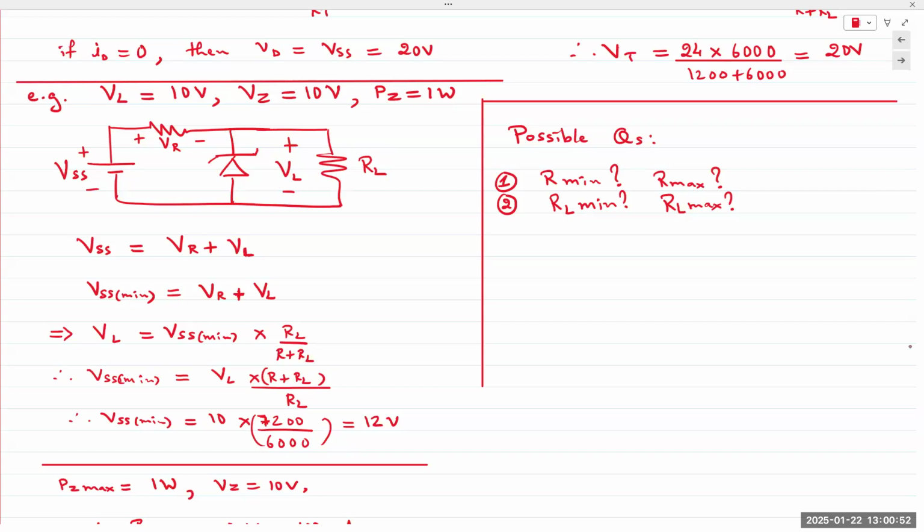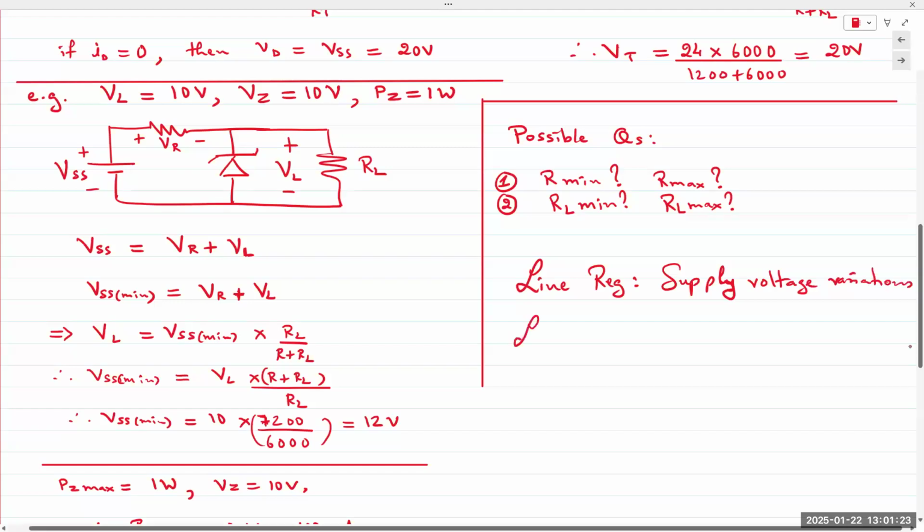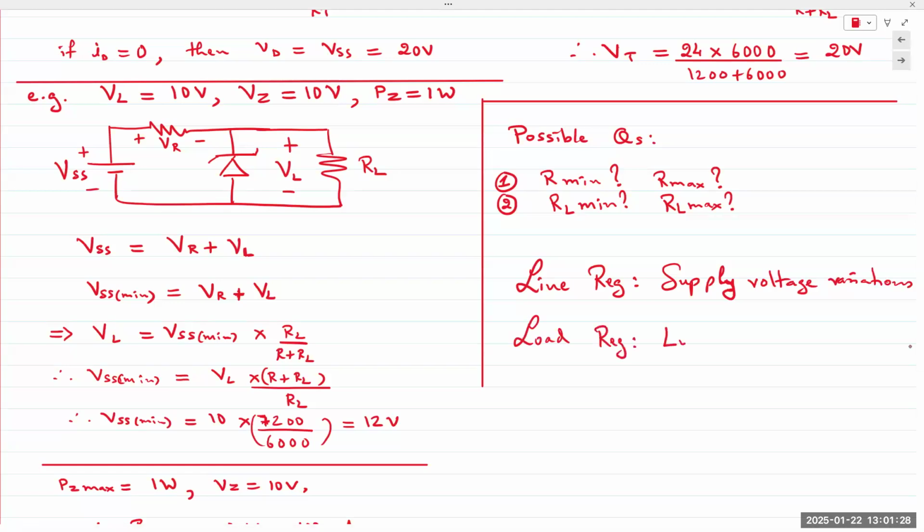Then there is line regulation, meaning the line voltage coming from our input. How well can the Zener diode regulate the voltage irrespective of the input voltage coming from our supply? So line regulation is supply voltage variations, and load regulation is load resistor variations.